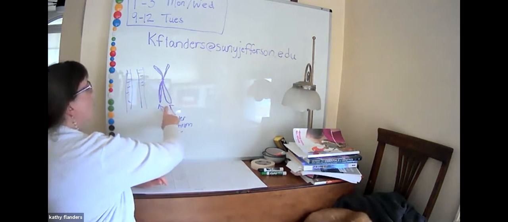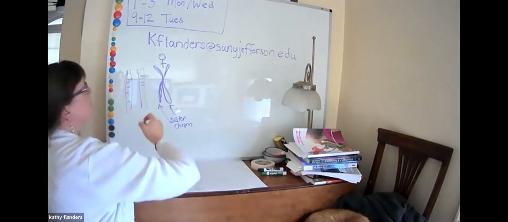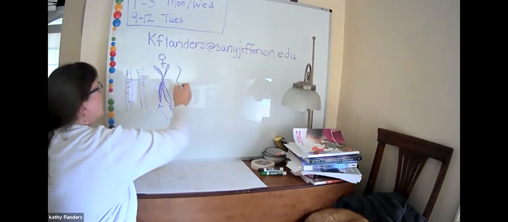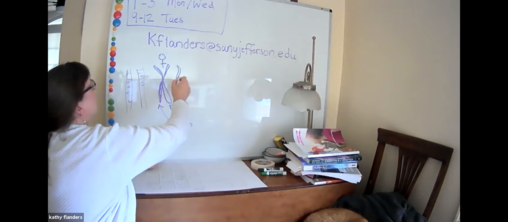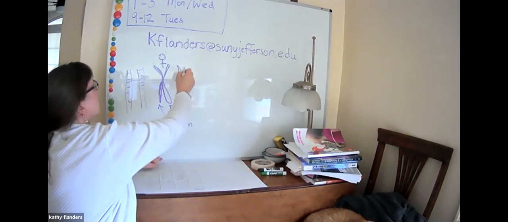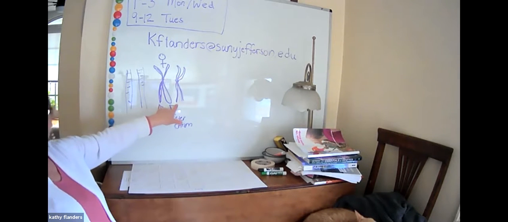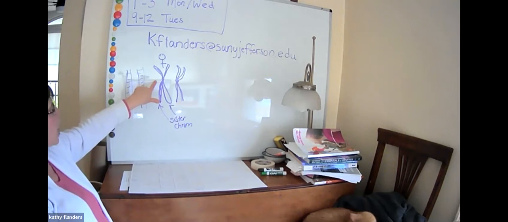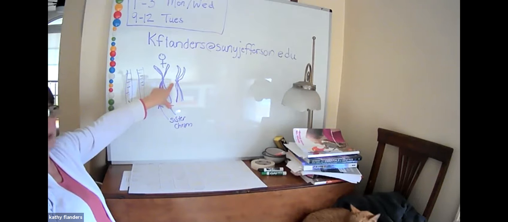But we get one of these from, let's say this is from mom, and then we've also gotten the exact same thing from dad. Whoops, not making a very good picture here, but you get the idea, right? If this is chromosome 6 from mom, its homolog or homologous chromosome is chromosome 6 from dad.